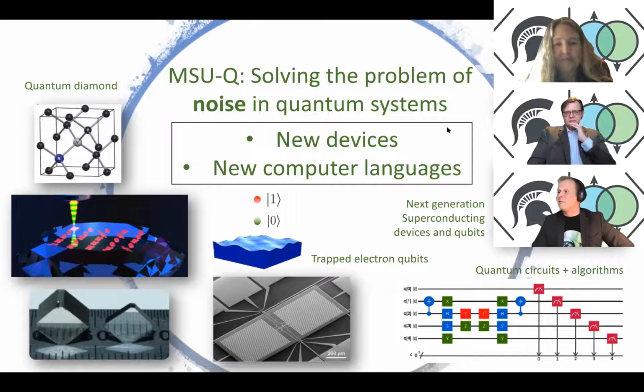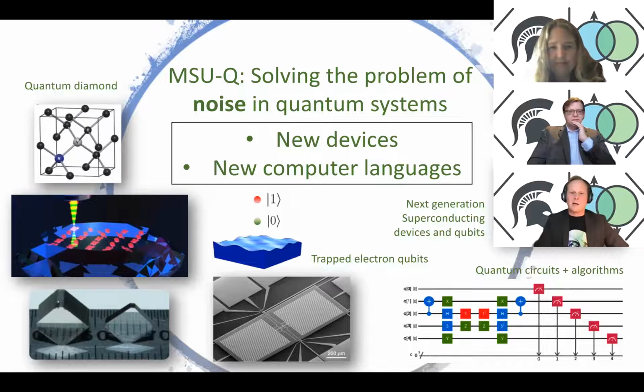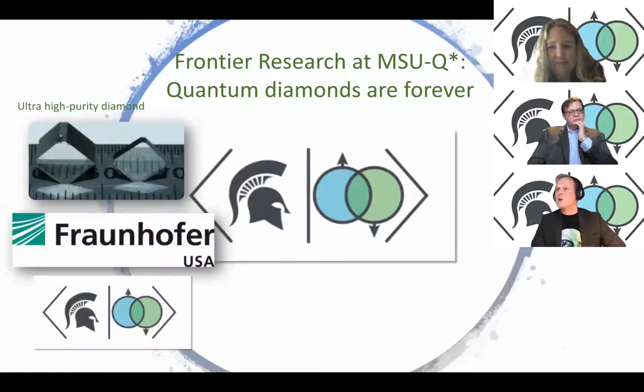And we have people working on a variety of superconducting devices, very much like what IBM and Google do. In fact, we have collaborations with both of those companies, and I'll say a little bit more about that later.